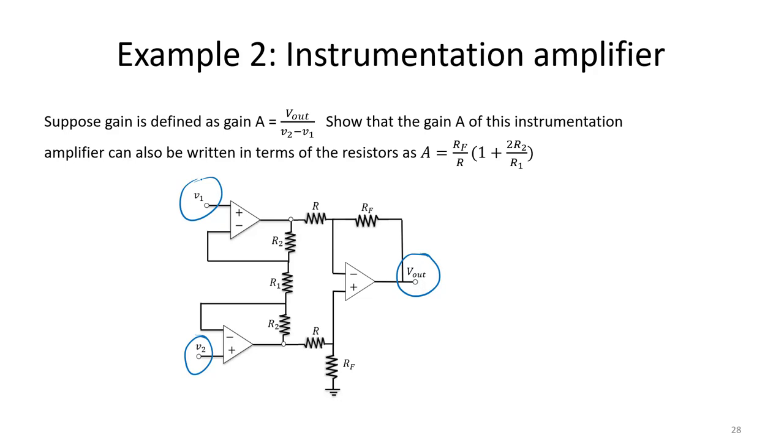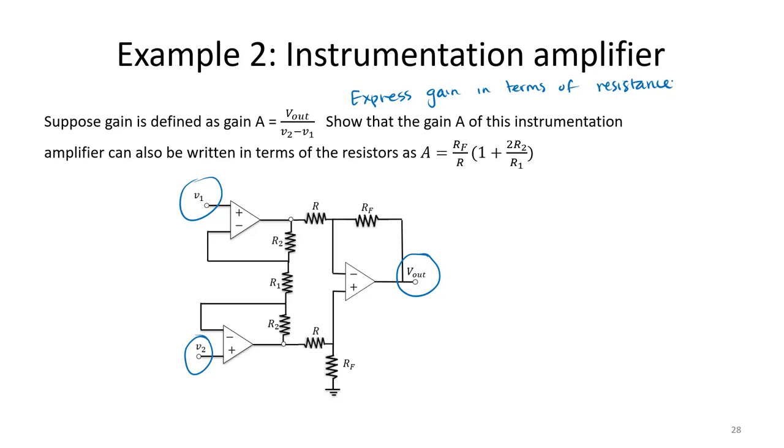But often, if we want to design one of these instrumentation amplifiers, we want to express our gain in terms of resistance. If we know what our gain is in terms of the resistance values, then we can select resistors that give us the gain we want.